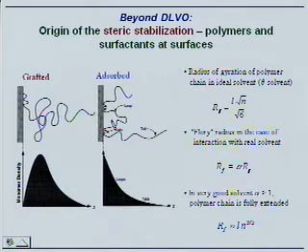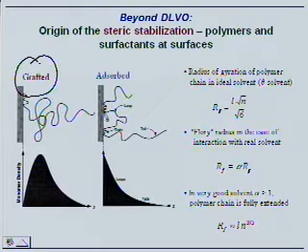Now, in many systems, you either put polymer or you put surfactant in the system. And when you put polymer, you can have two cases. You can have the so-called grafted polymer, which is chemically connected to the wall. Or you can have polymer which is adsorbed on the wall.